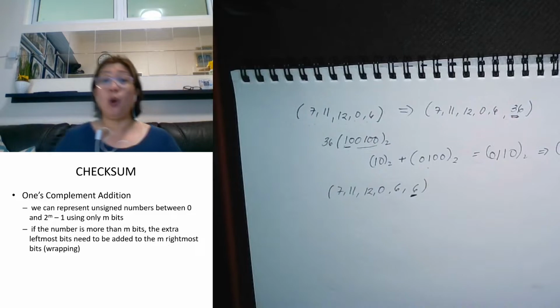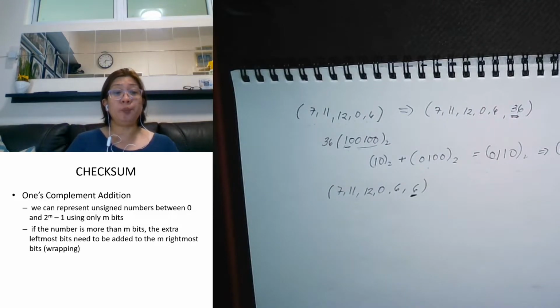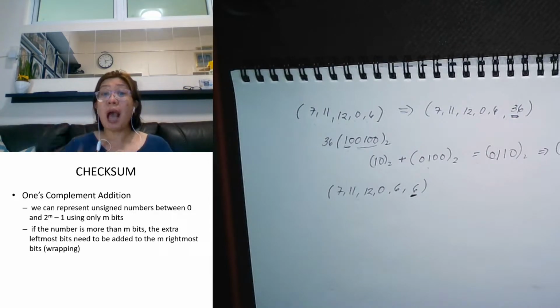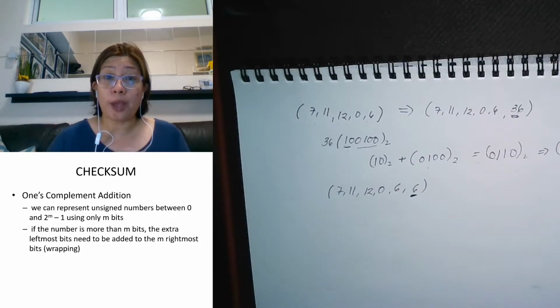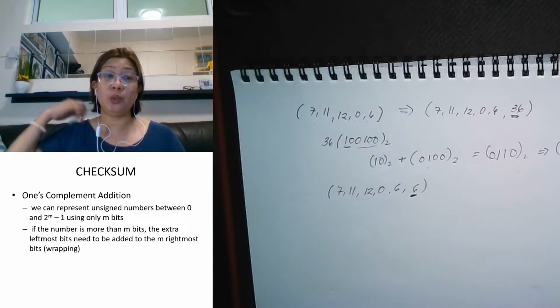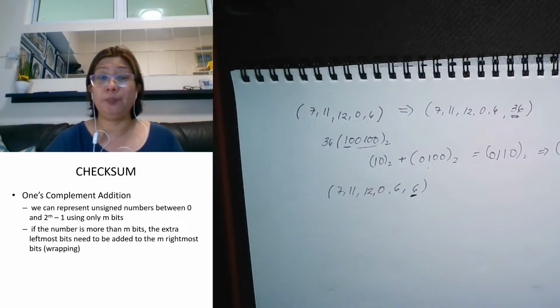The receiver can add the first 5 numbers in one's complement arithmetic. If the result is 6, the numbers are accepted. Otherwise, they will be rejected. This is how you make the sum equal to the required number of bits. This is what we call one's complement addition.